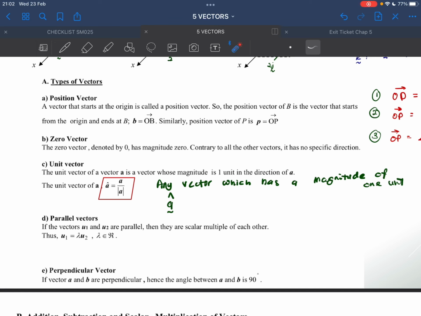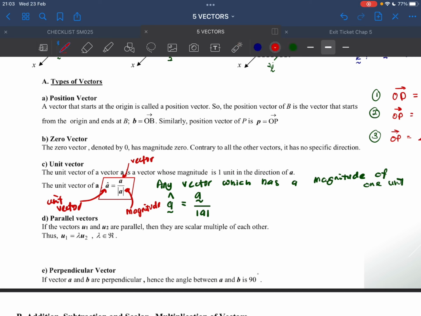We can call it A hat. Ataupun unit vector lah, cara yang senang untuk sebut. It is equal to, so the formula is the vector over the magnitude. This is what we call the magnitude, which is the length, and this one is obviously the vector. So unit vector is equal to the vector over the magnitude.